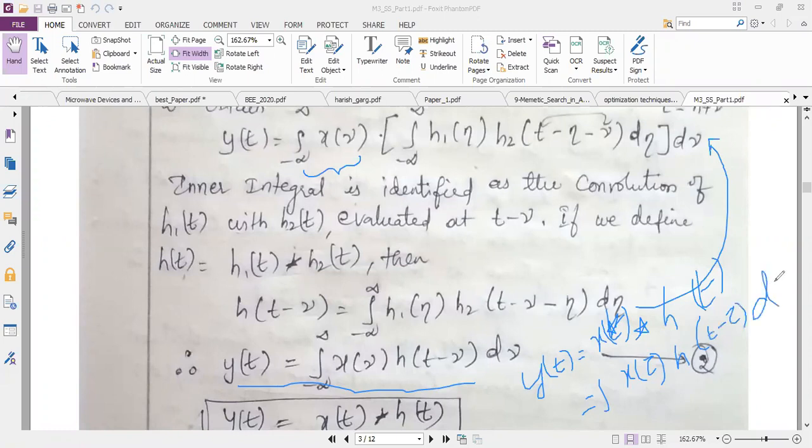So if I compare here, in my new equation, see tau. This tau is not reflected at the left hand side. What is reflected at the left hand side? Whatever is there in the bracket of h of t minus tau, along with minus tau, t is there. So that term is reflected at the left hand side.